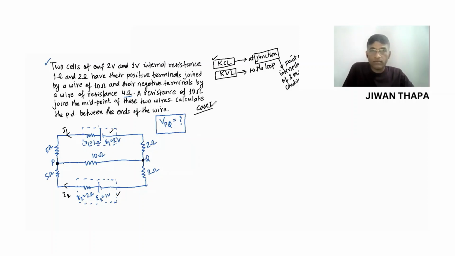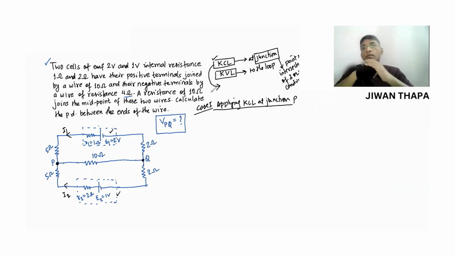So case first, applying KCL at junction P. And what does KCL state? So from KCL, we have this.